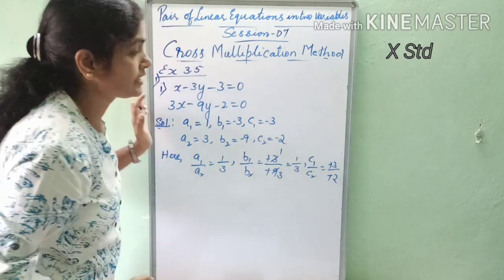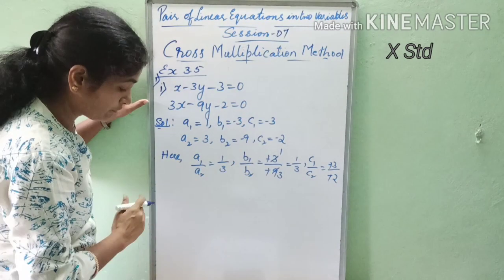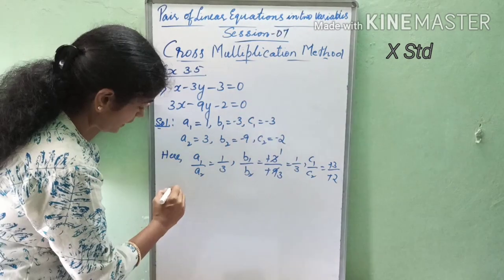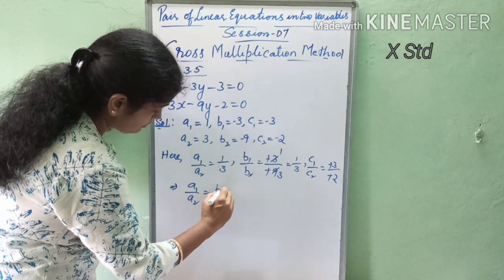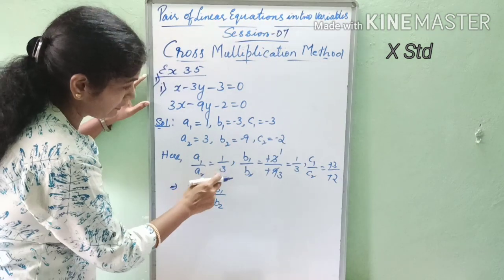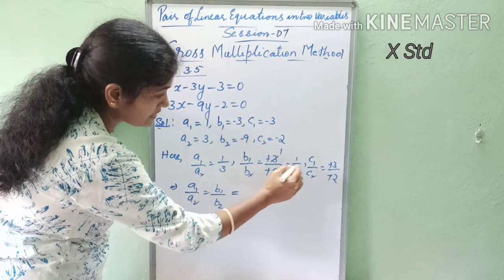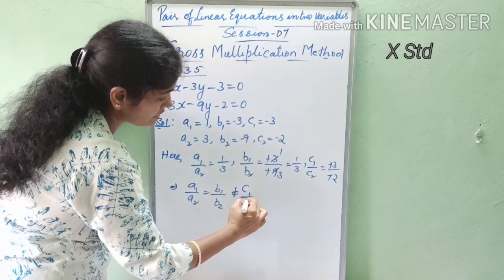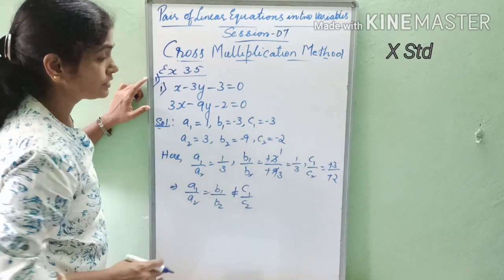Minus minus gets cancelled, it is 3 by 2. So what conditions are we getting? Here a1 by a2 is equal to b1 by b2, because 1 by 3 and this is also 1 by 3. Now, is it equal to c1 by c2? No, it is not equal to c1 by c2, because that is 3 by 2.